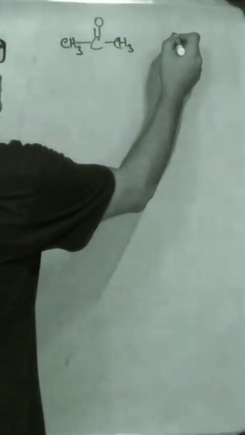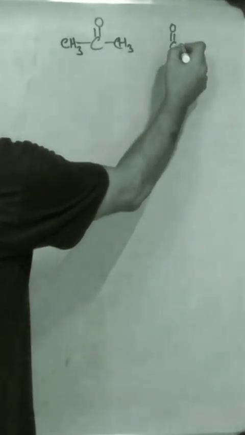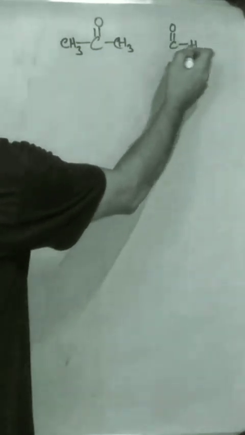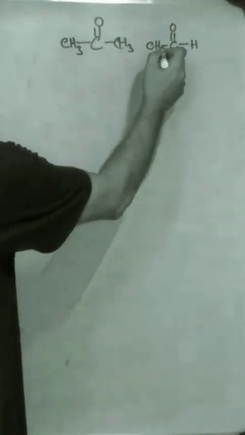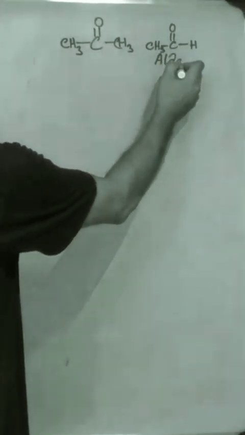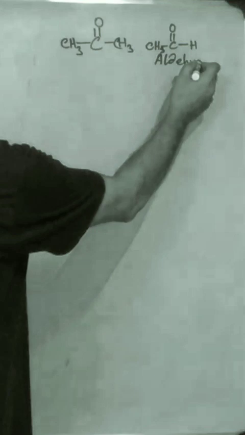So aldehyde and ketone both contain the C double bond O group. If only one hydrogen atom is there and the other is an alkyl group, then this compound is an aldehyde.